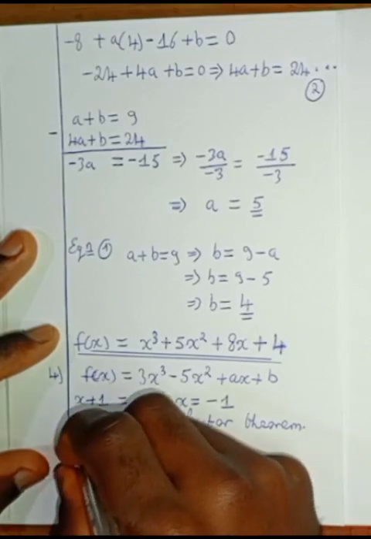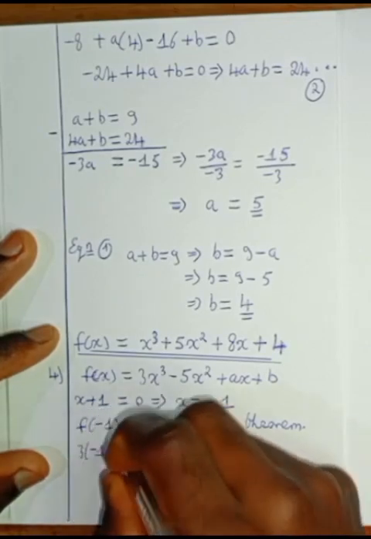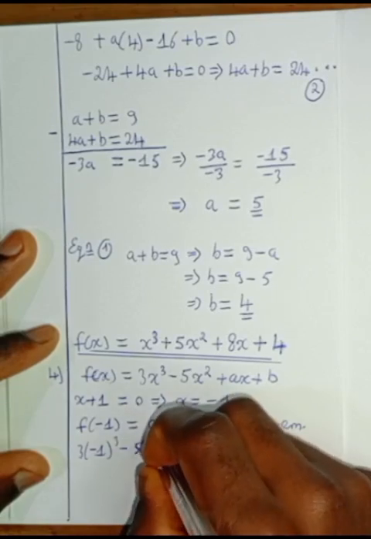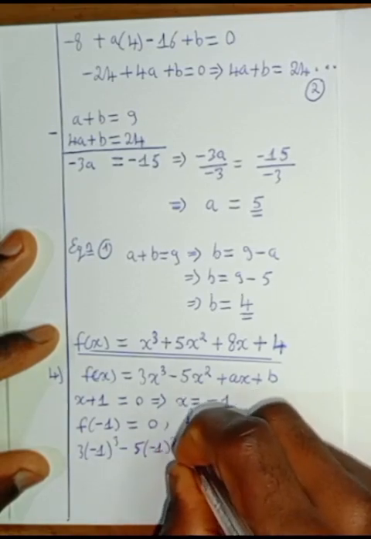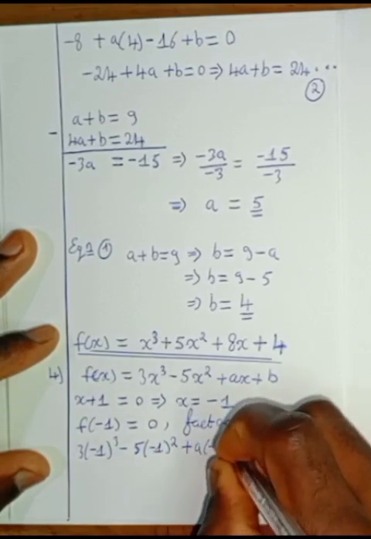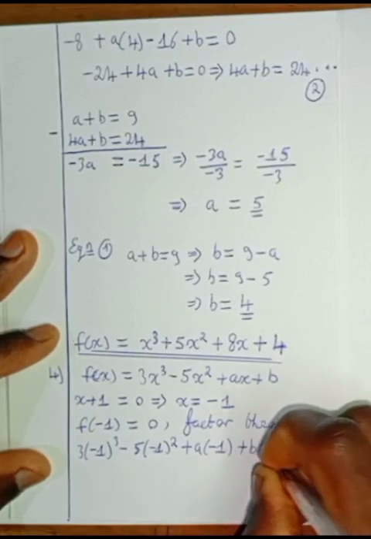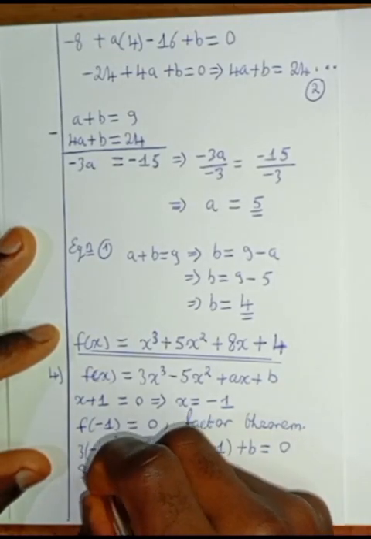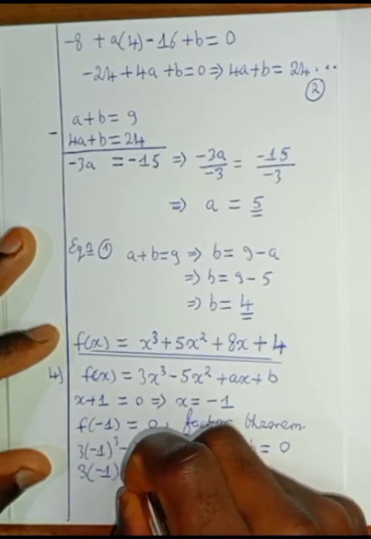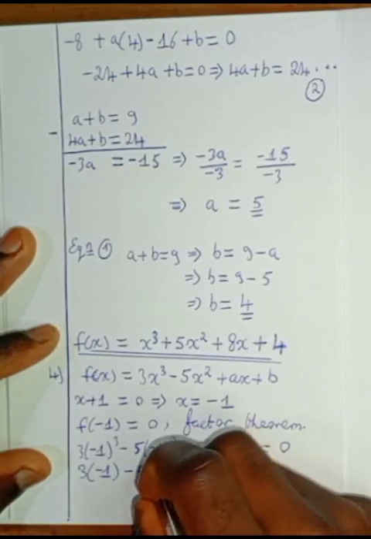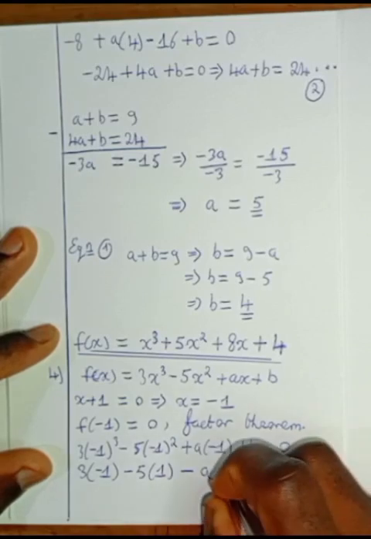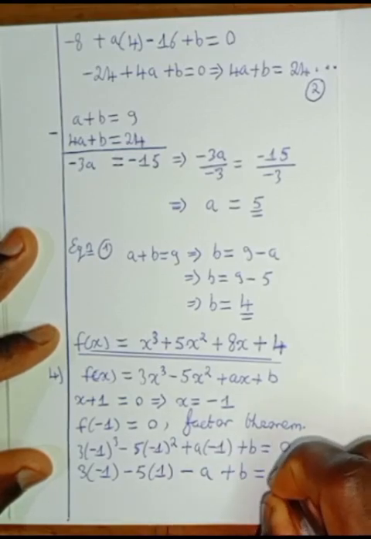It therefore means 3 times negative 1 cubed minus 5 times negative 1 squared plus a times negative 1 plus b should be equal to 0. This will give us 3 times negative 1 cubed gives negative 1 minus 5 times negative 1 squared gives us 1. A times negative 1 gives negative a plus b is equal to 0.